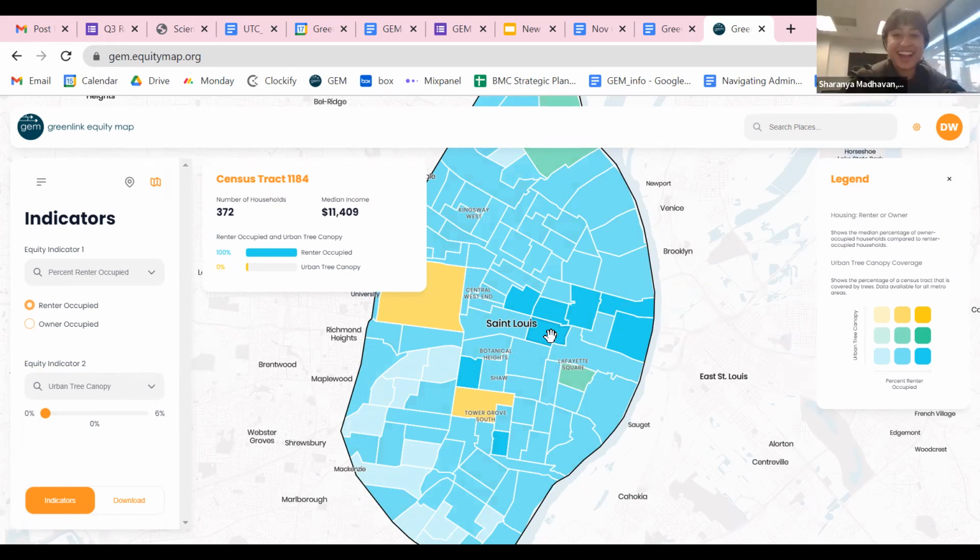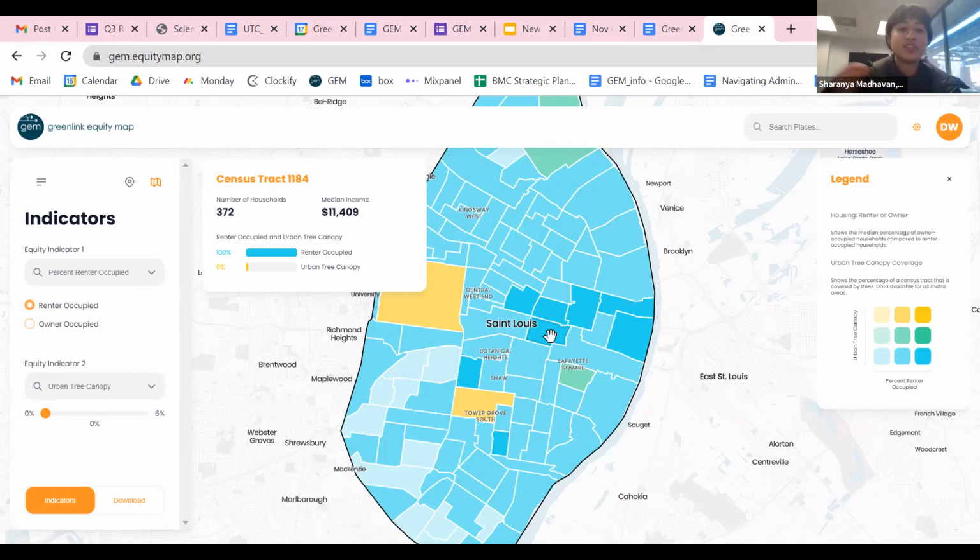Yeah, I got this, guys. No, this is a great question, and actually Mark in my group brought up the same question. So let's take a step back and figure out what that means, because 0% trees does not mean that there's not a single tree in a census tract, right? This goes back to our methodology and the root of this analysis in this data set.